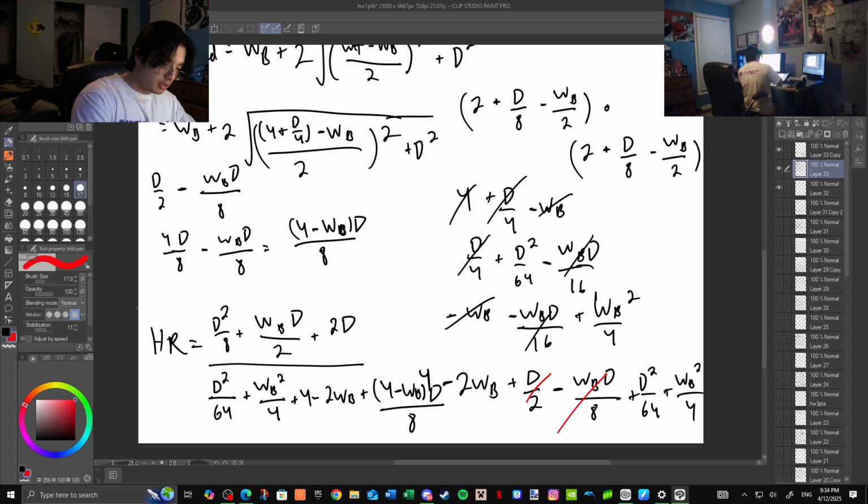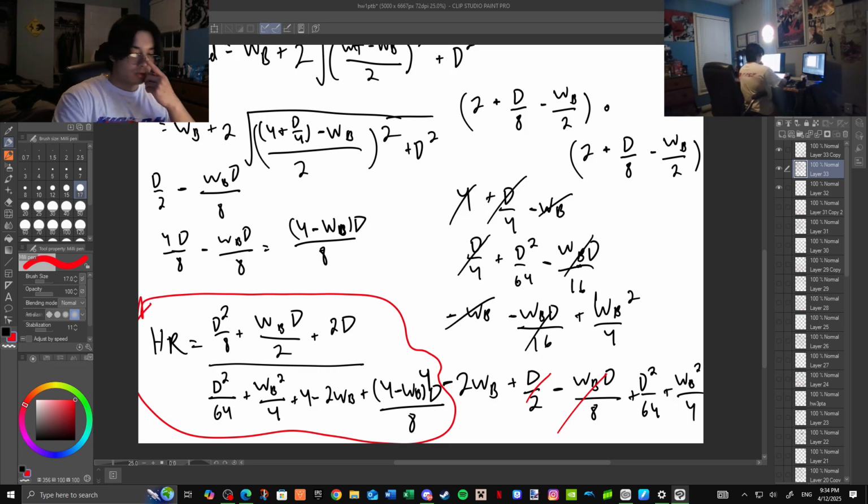So this function right here can serve as the expression for the hydraulic radius.